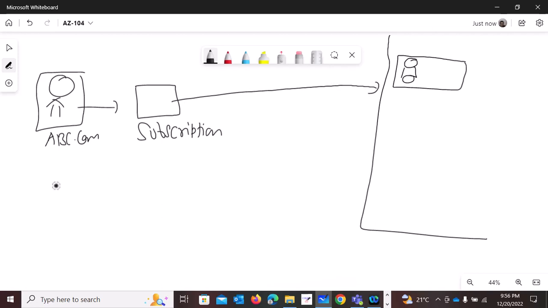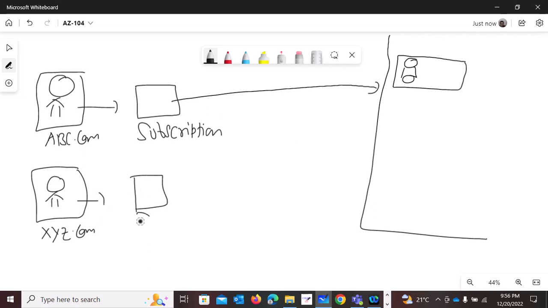So it's a public cloud. Another company called xyz.com also has a subscription, and they can also subscribe and build up servers. So it's a public cloud.